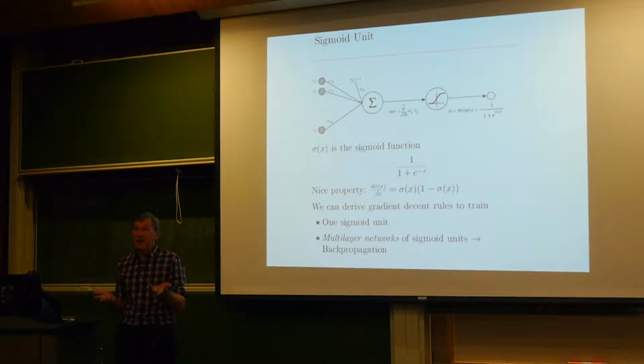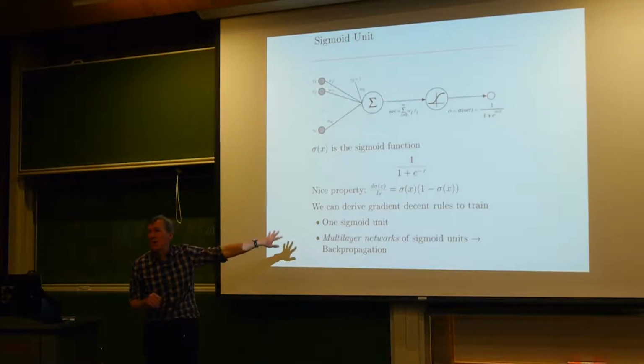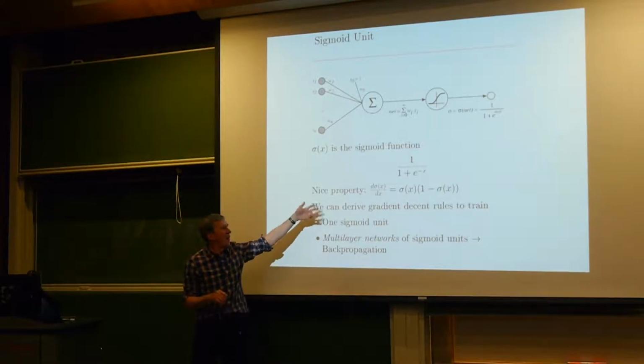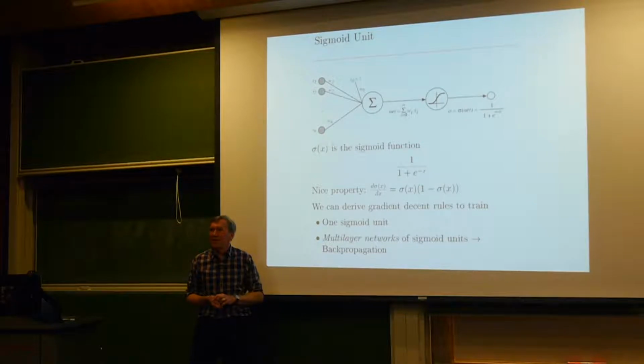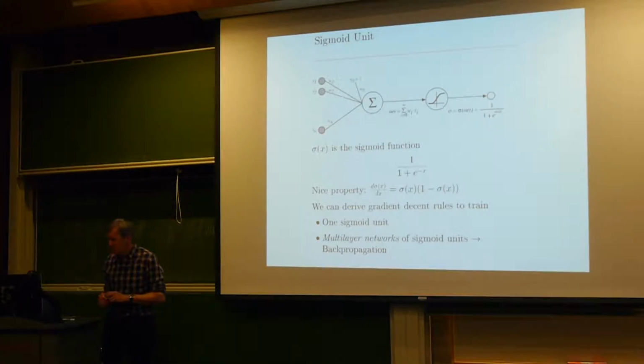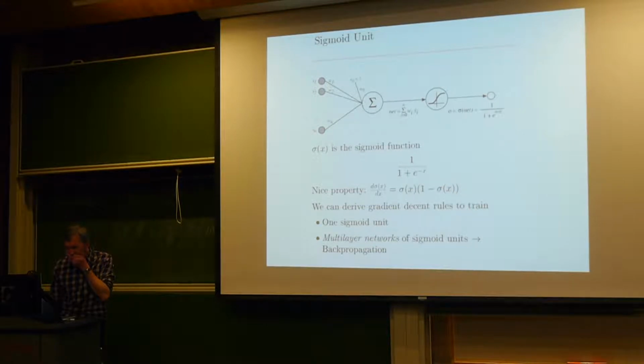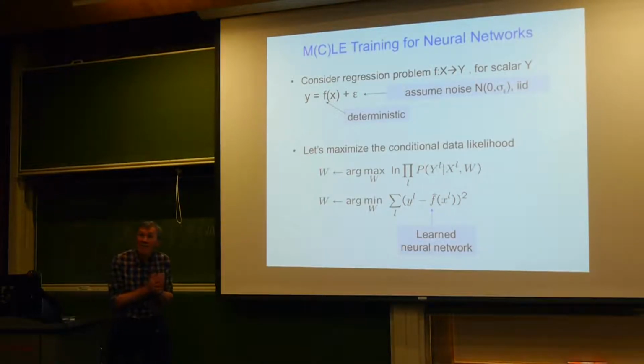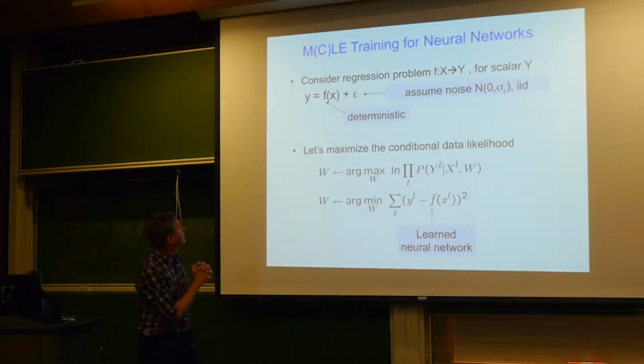Makes it nice to train. So that was actually one of the motivations, if you ask, why not use some other nonlinear function? We like to have threshold units whose gradient is easy to compute, so we can use gradient descent to train them.